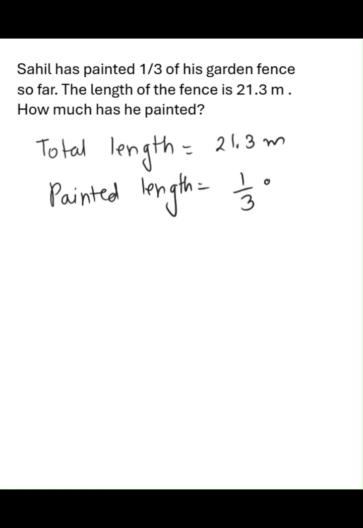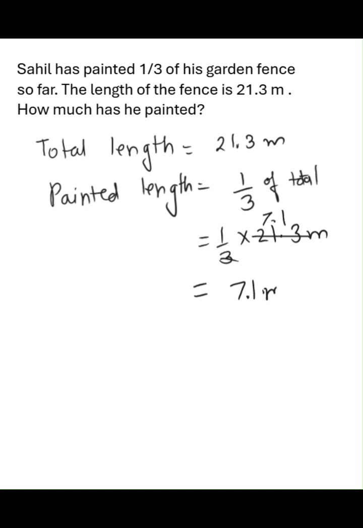Now 1/3 of total length. That means 1/3 of 21.3 meter. That means if we divide this, we will get 7.1 meter. So answer will be 7.1 meter. This much area has been painted.